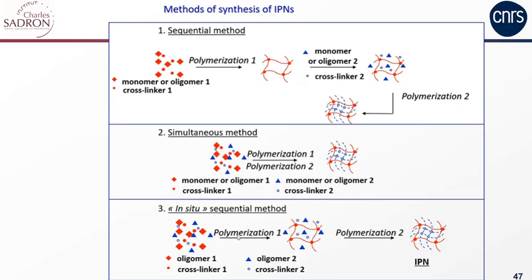First, the first polymerization to trigger the formation of the first subnetwork, and then the second polymerization to form the second subnetwork and eventually the IPN. So this in situ sequential method you can apply with two different mechanisms or two slightly different mechanisms.